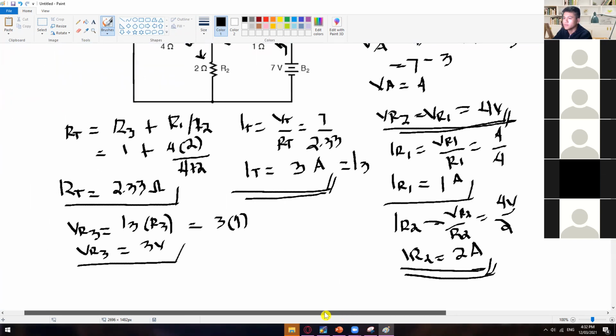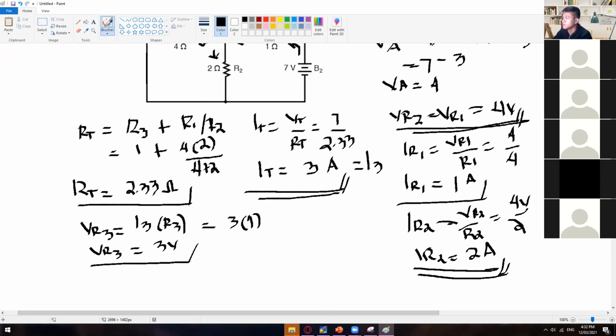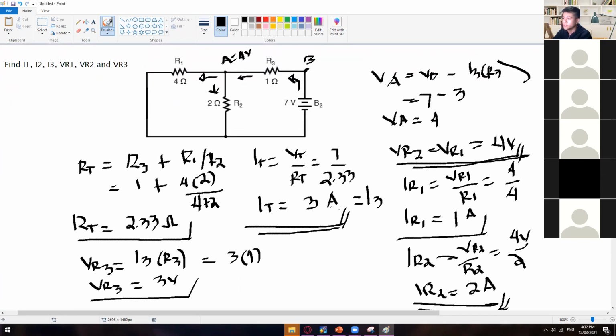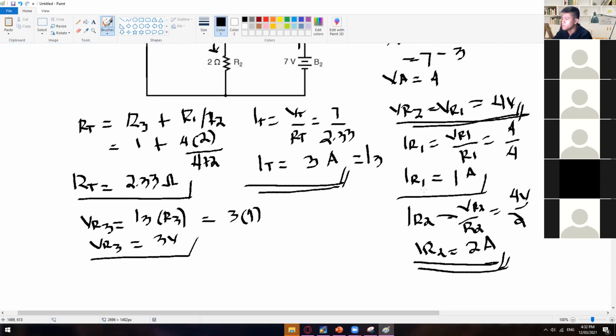There you go. So we now have the I1, which is 1 amp, and then the I2, which is 2 amps, and then the I3, 3 amps. All right, and then the VRs are 4 volts, 4 volts, and then 3 volts.